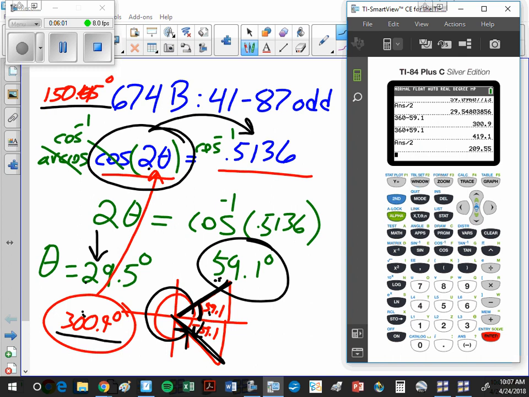Is that inside one rotation? Yes. Okay. If I take this one, which is 300.9, and I add 360 to it, and then if I divide that by 2, am I still within one rotation? Yes. So this one actually had 4 answers.